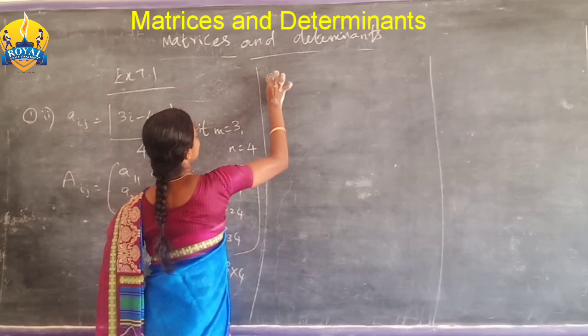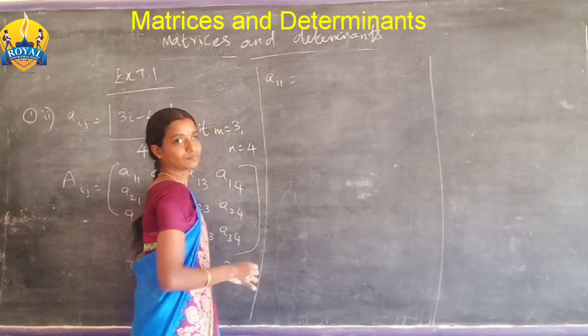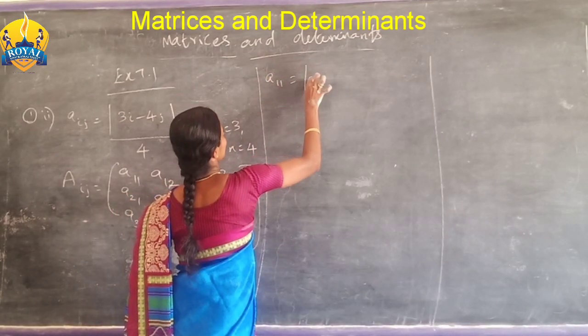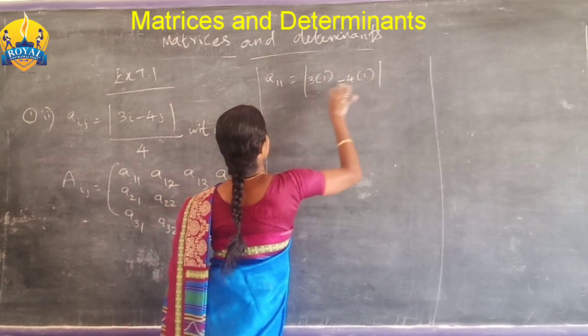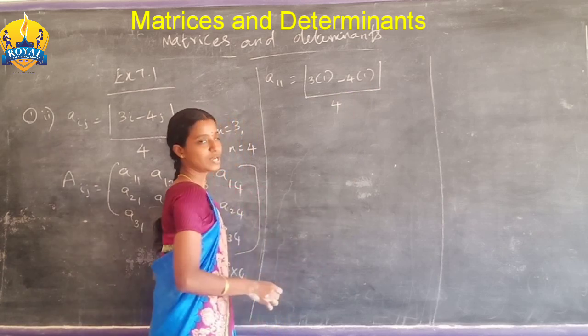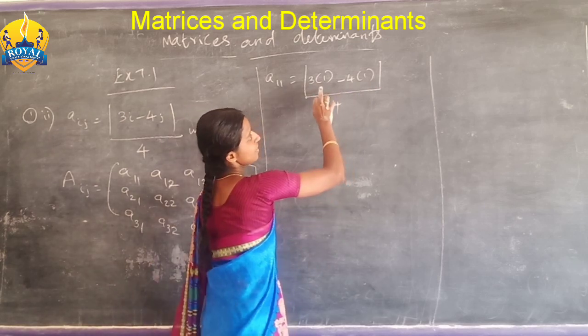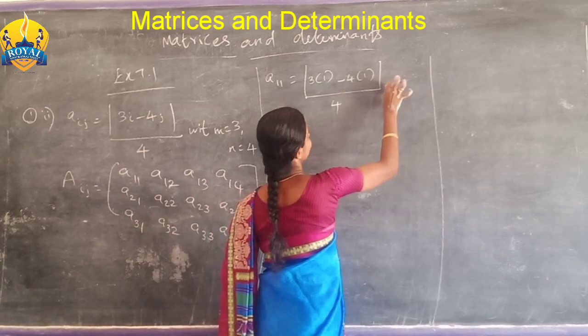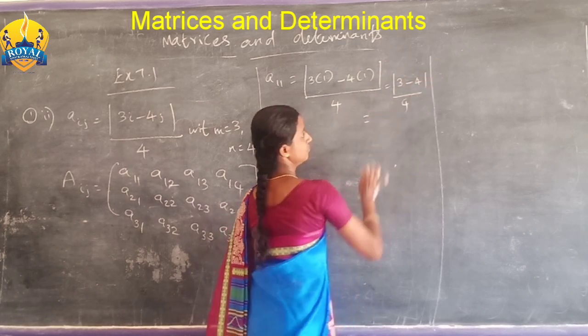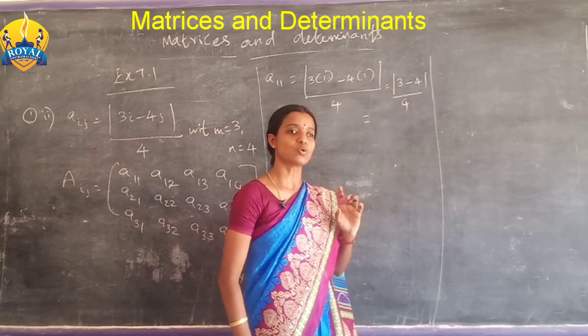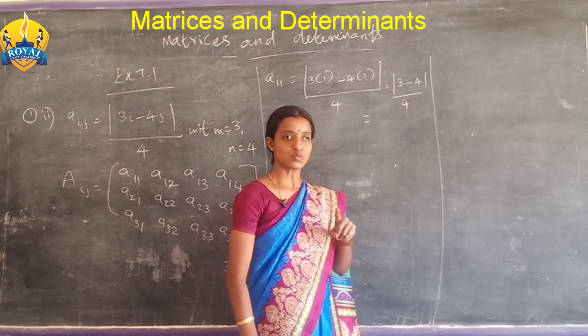Now what is my A11? 3 into my i is 1, minus 4 into my j is 1, by 4. So 3 ones are 3, minus 4, by 4. What is 3 minus 4? Minus 1.